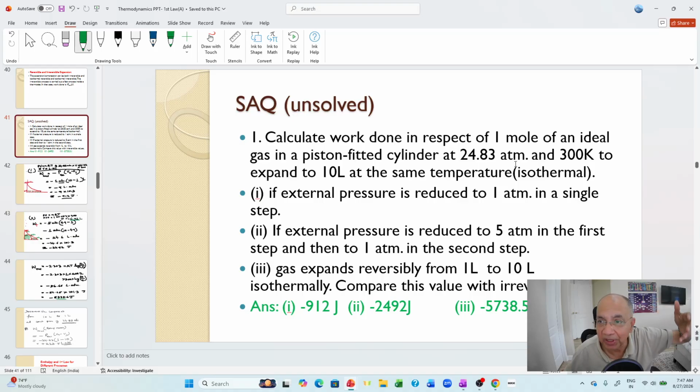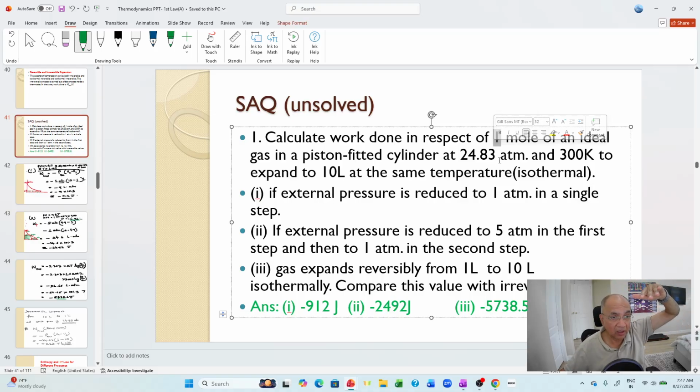I used to say 20 kg sand or 20 kg weight. It's actually 24.83 atmosphere pressure, and 300 K, to expand to 10 liter. The initial volume was 1 liter.